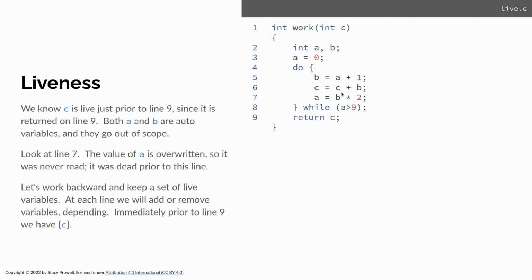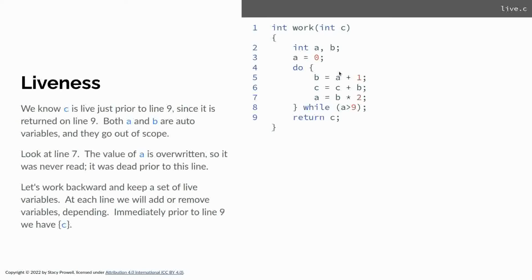We know it's dead because any value that A had could not contribute to the program's evolution, because it's going to be erased right here. The very next thing we're going to do is erase it. A is not used in this line, so A is still dead. A is used up here to give a value for B, so A is live right here.